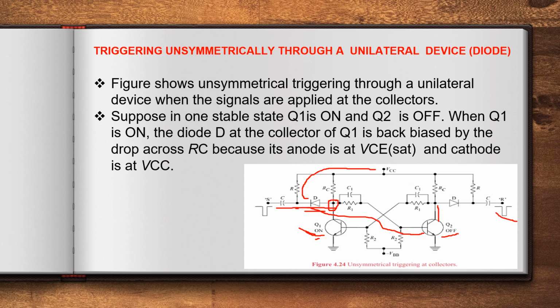The diode at the collector of Q1 is reverse biased by the drop across RC, because its anode is at VC sat and its cathode is at VCC. So the anode voltage is less than the cathode voltage, and hence this diode gets reverse biased.